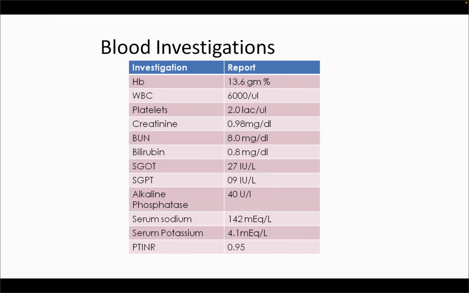Hb is 13.6 and creatinine is 0.9. It's almost all normal. Would you have asked for a PT with INR? No, sir. Okay, so not indicated.